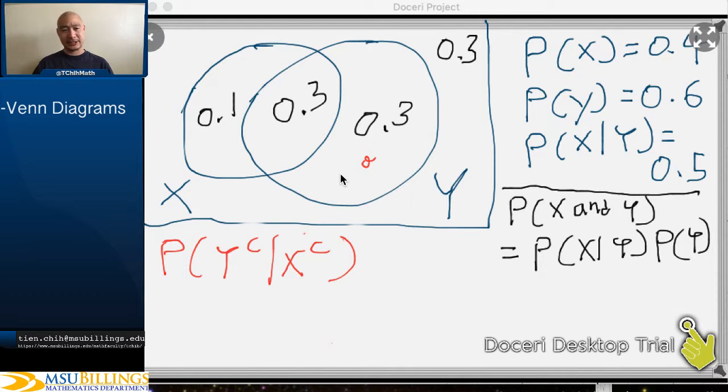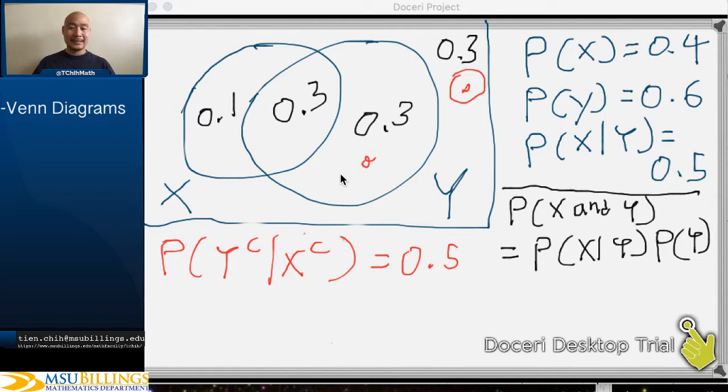So just right off the bat, looking at this, let me put a dot over here too, and let me circle this dot. All the stuff that's not in X, which is the two red dots and the circled dot, half of it is also not in Y. So that would be 1/2, and you'd be done right here.